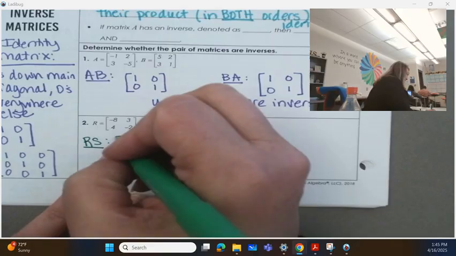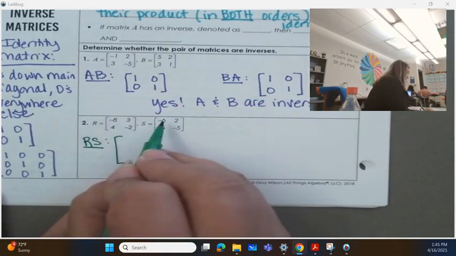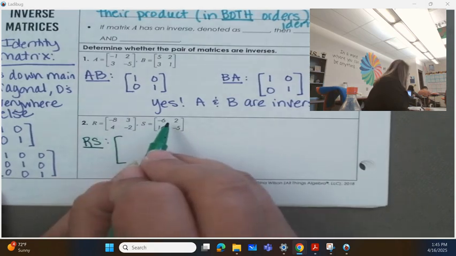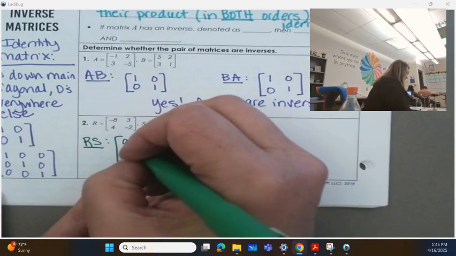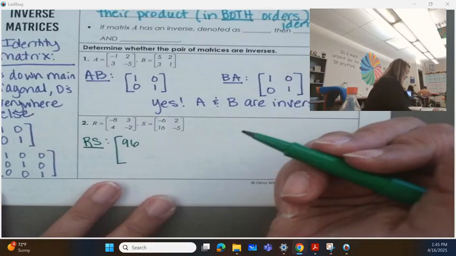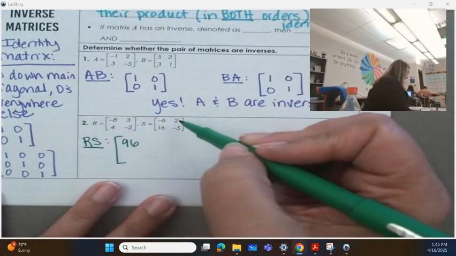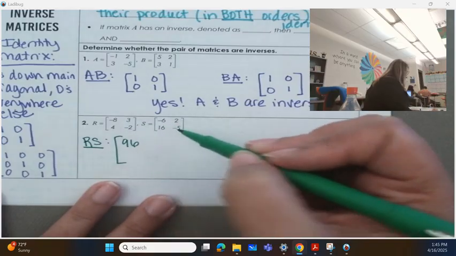R times S. So negative 8 times negative 6 is 48 plus 48. Uh-oh, that's 96. We're not off to a very good start to get the identity matrix, are we? Negative 16 plus 15, or excuse me, minus 15 because it's a negative sign.